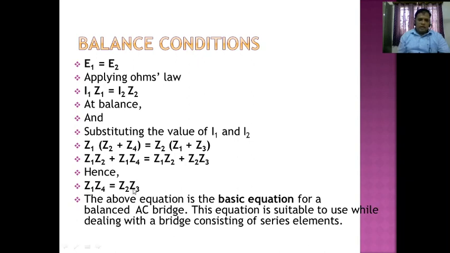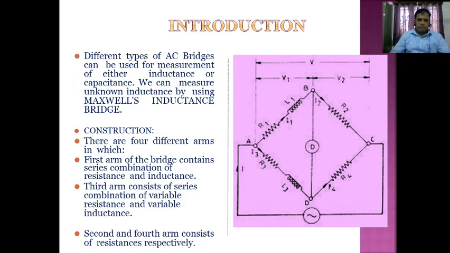The above equation is the basic equation for the balance of a bridge, and it is suitable for a bridge consisting of series elements. Z1 Z4 is equal to Z2 Z3 is the basic balance condition of any AC bridge.